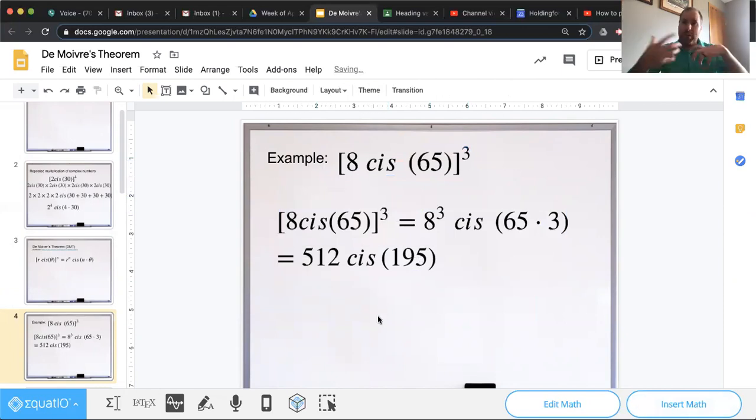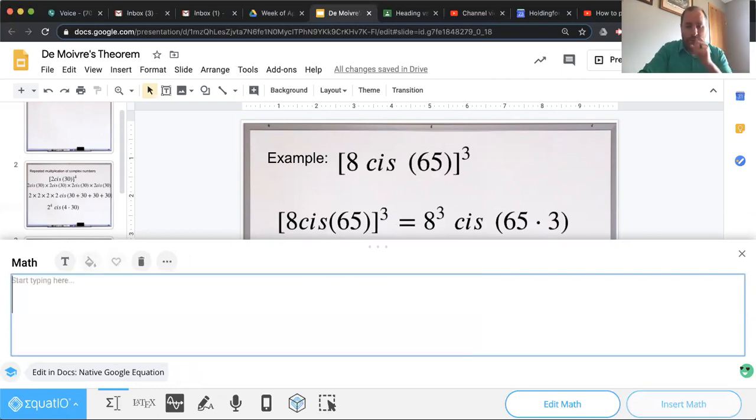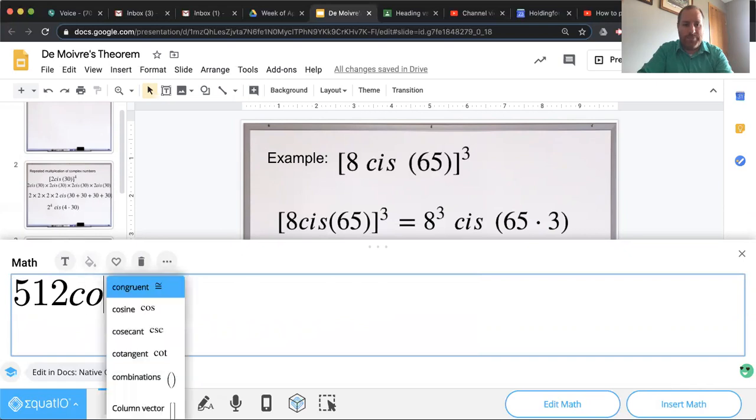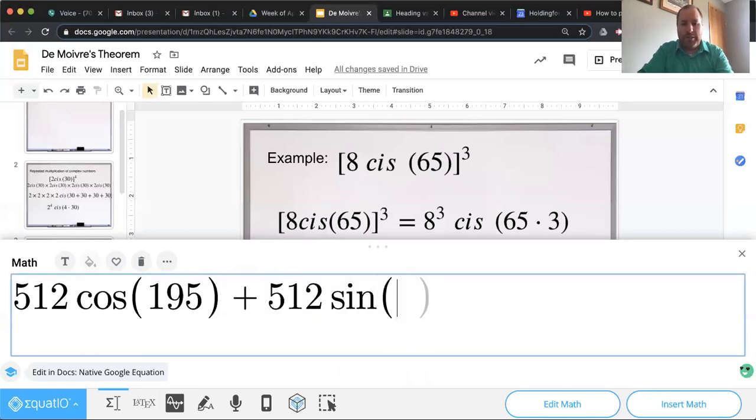And now if we want to put that back into what's called our standard form, again, this is trig form, right? If we want to put it back into standard form, again, this is cosine i sine. So if I want to put this back into regular form, what we would do is 512 times the cosine of 195 plus 512 times the sine of 195.